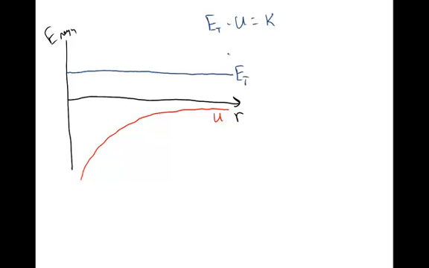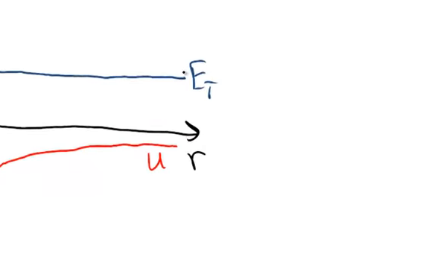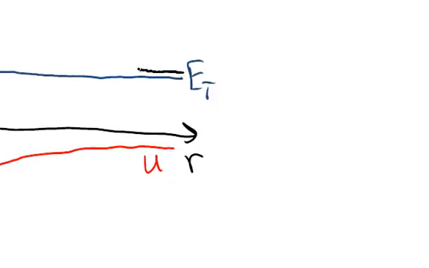So the kinetic energy is just equal to the distance between E and U. So when we get out here, U essentially goes to 0. That's one of the properties of the potential, is that as r goes to infinity, U goes to 0. And so our kinetic energy is going to get very close to E. Now, as we get in here, we can see that this distance between E and U, between these two graphs, is going to start to increase, which means that the kinetic energy is also going to start to increase.